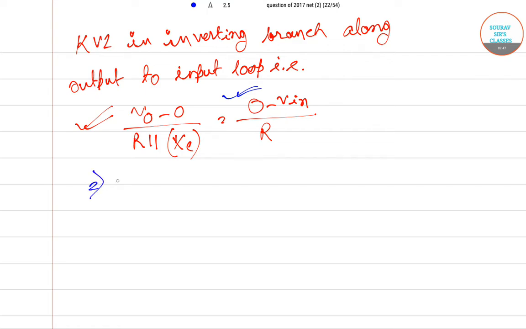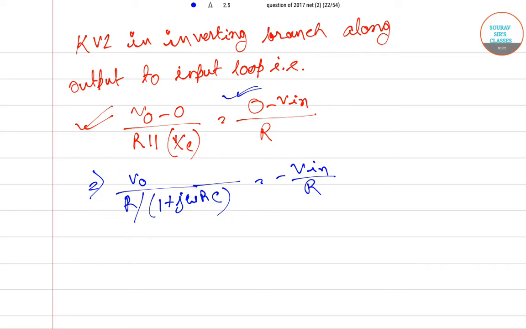So we can write V0 divided by R divided by 1 plus j omega RC is equal to minus V input divided by R. So V0 divided by V input is equal to minus 1 by 1 plus j omega RC.